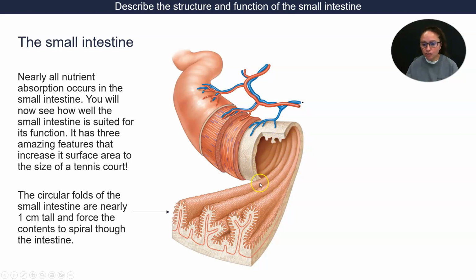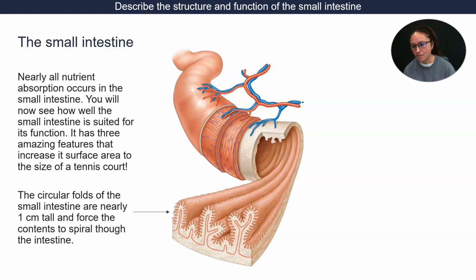Now, the good thing about that is that it does increase the surface area, but the other good thing is that all of the stuff in the small intestine goes around and around. So it whizzes through. Have you been to Wet n Wild, where you are thrown in that funnel and you go around and around until you get right down to the bottom?